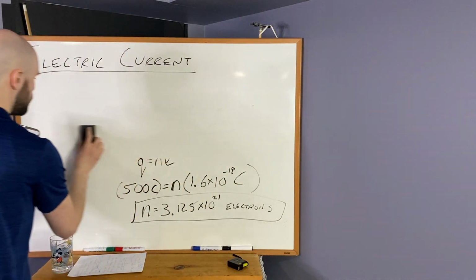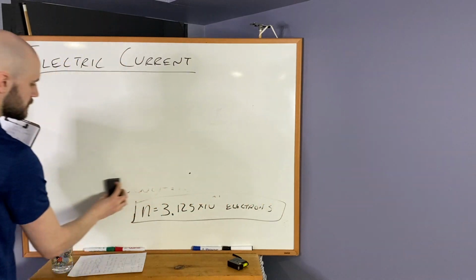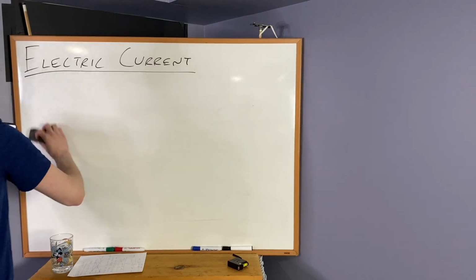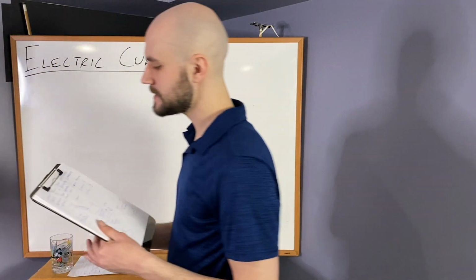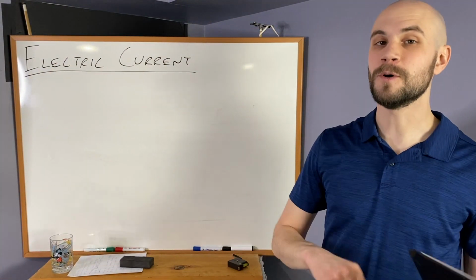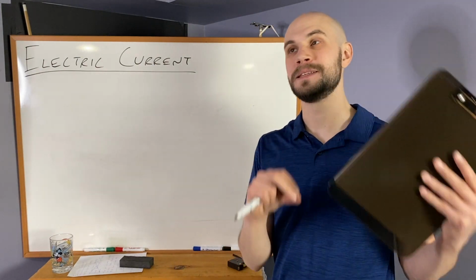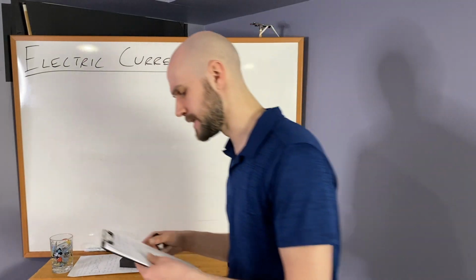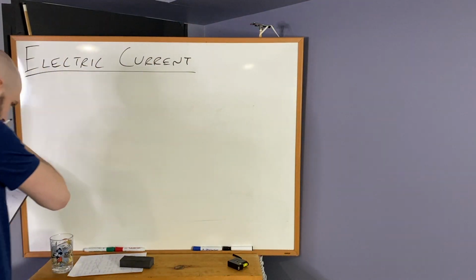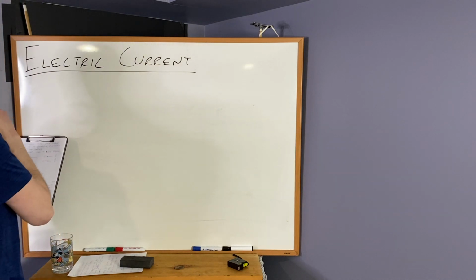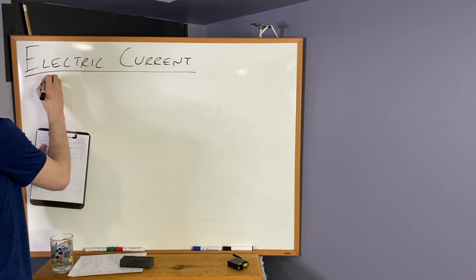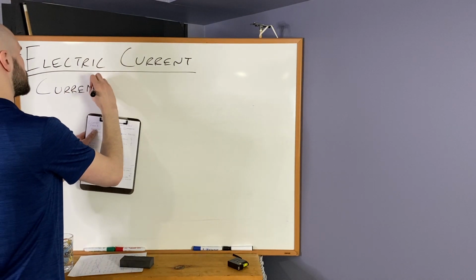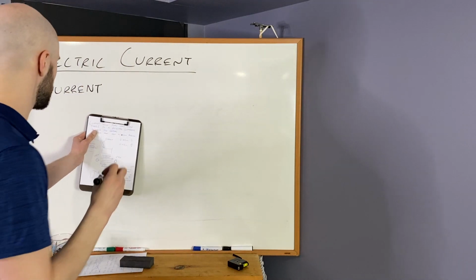So for the next thing I want to discuss, I want to discuss the difference between voltage and amperage and how potential difference affects current flowing through a wire or a circuit or anything like that. So it turns out that current, we're going to identify this and then we'll discuss what it means.